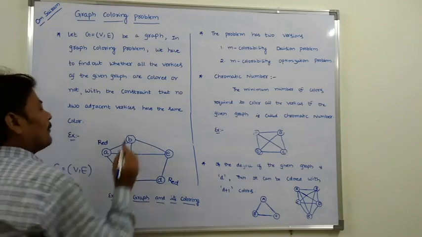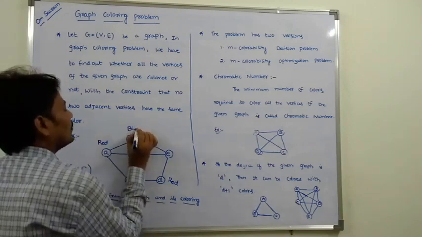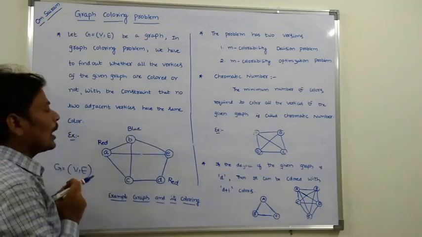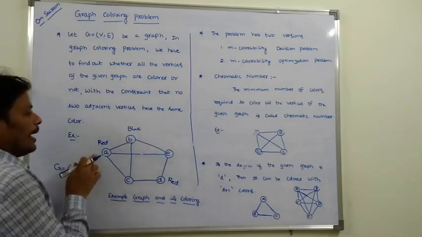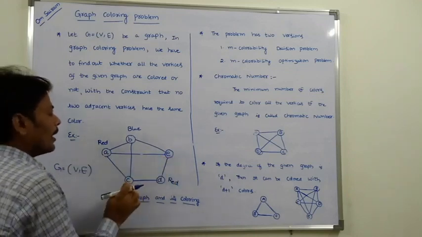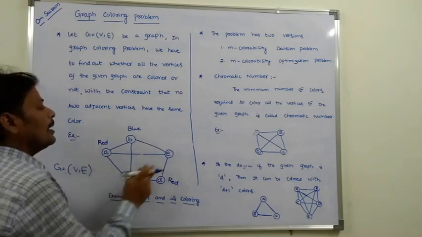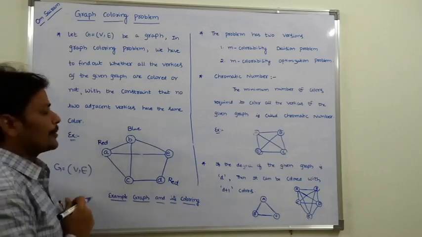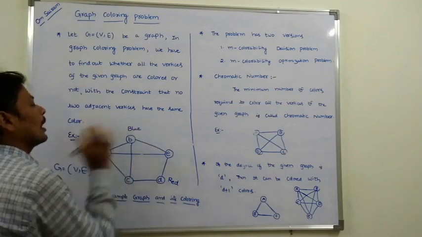Next, for vertex B we are using blue color. The same blue color cannot be used for vertex A, vertex E, and vertex C, because A, C, E are adjacent to vertex B. So for these vertices we are not using this blue color.